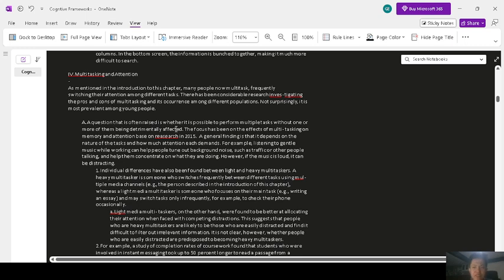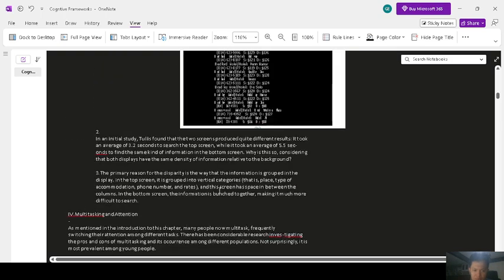Multitasking and attention. So, as mentioned in the introduction, let me add here because this is like the basic. I just want to dive every time into the basics.